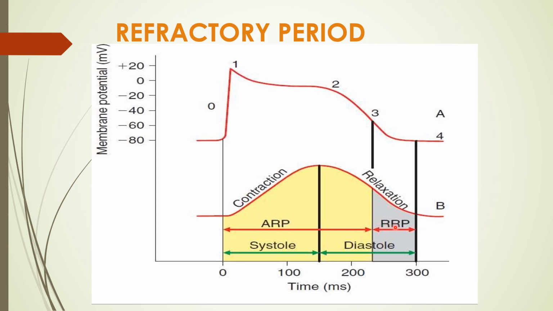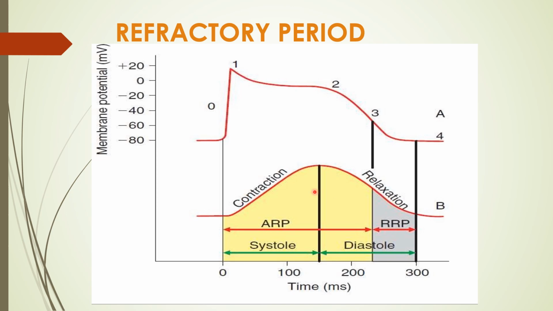The relative refractory period is a period during which, if you give a strong stimulus, a response of the cardiac muscle is seen. In the absolute period, no response is seen at all. And the duration of the absolute period is 180 to 200 milliseconds and the duration of the relative refractory period is 50 milliseconds.